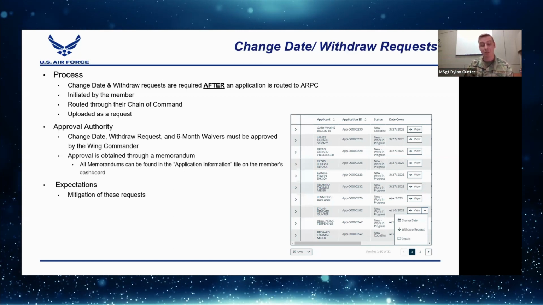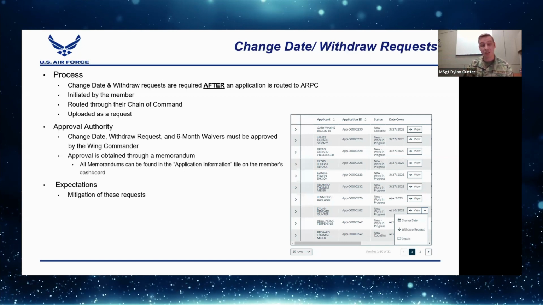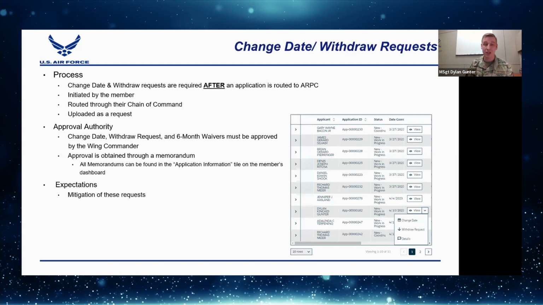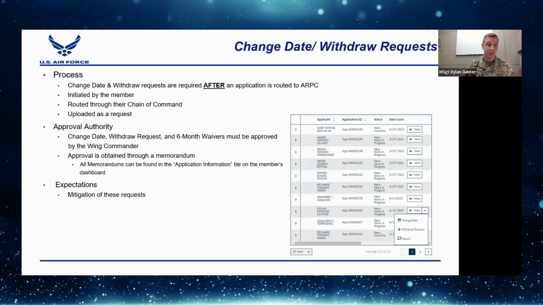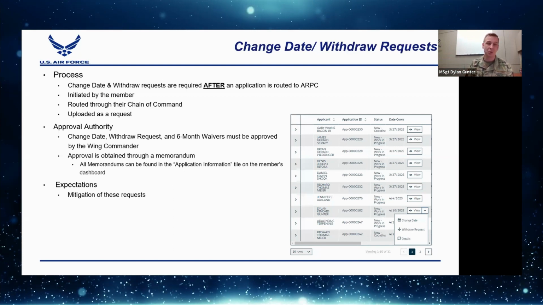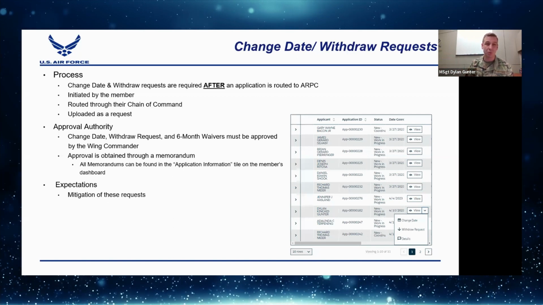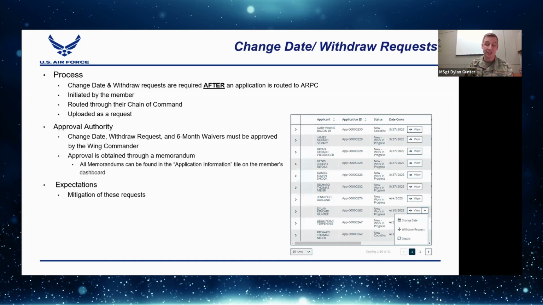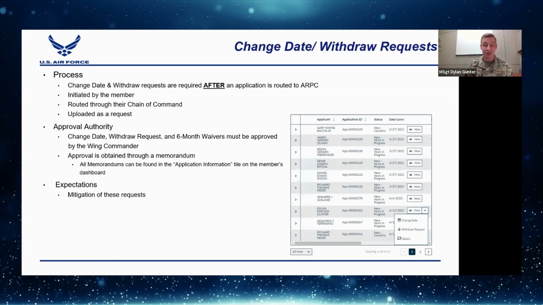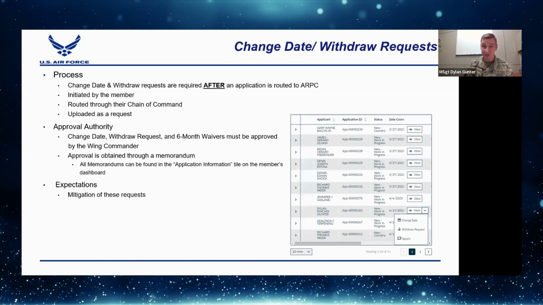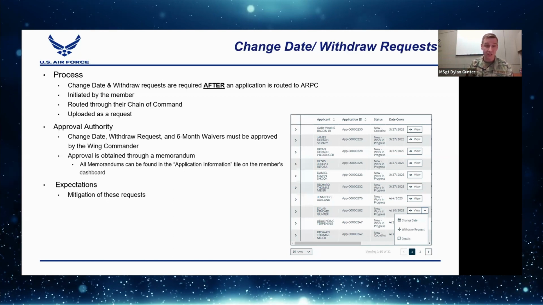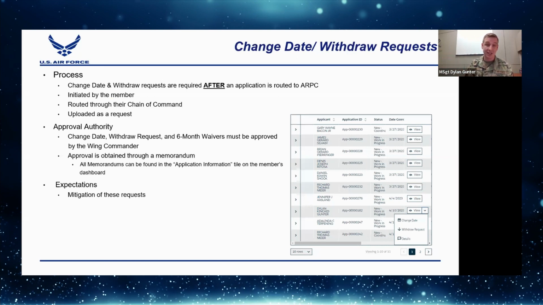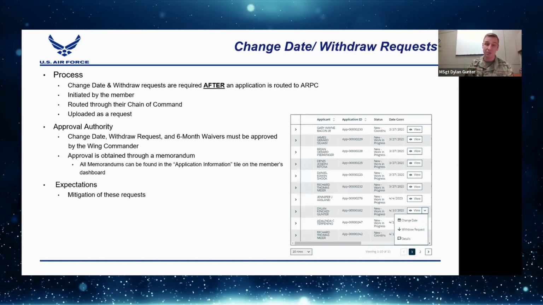The application requires the member's commander's recommendation. The approval authority for a change date request, withdrawal retirement application request, and even a 6-month waiver request must be approved by the wing commander. So the wing commander should see this memorandum that has been routed, not within the system, but through your internal processes. And then once that is signed and the member has that document, they can go back into their dashboard.